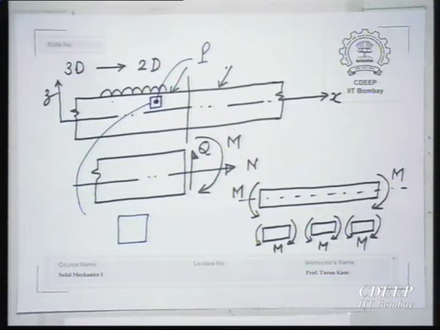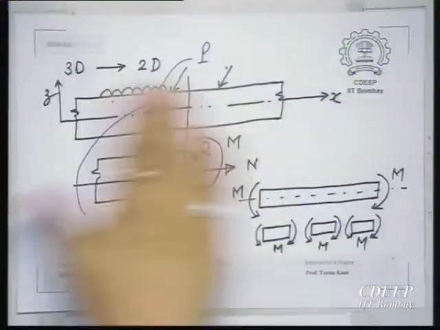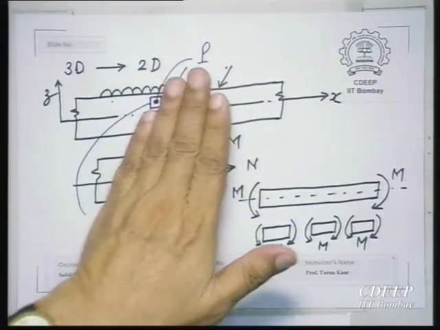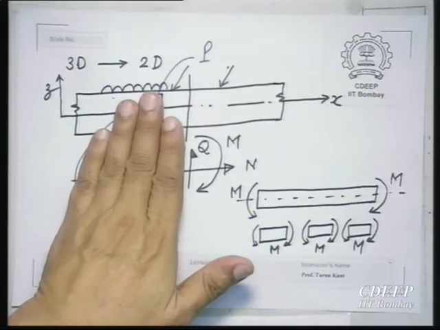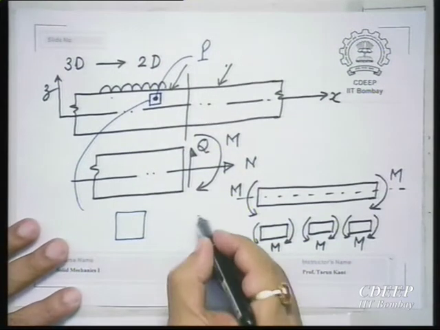One is there is no load perpendicular to the xz plane, there is no load in the y direction. So, if you take any y plane, that means this, and on that plane, if you take an area, sigma y will be 0 on this.